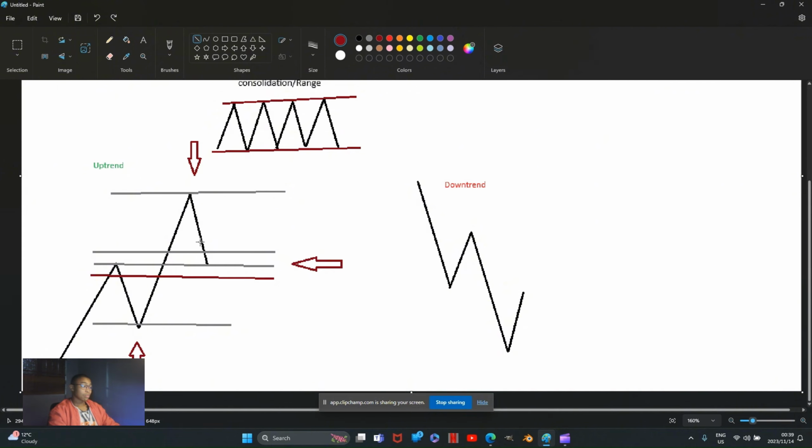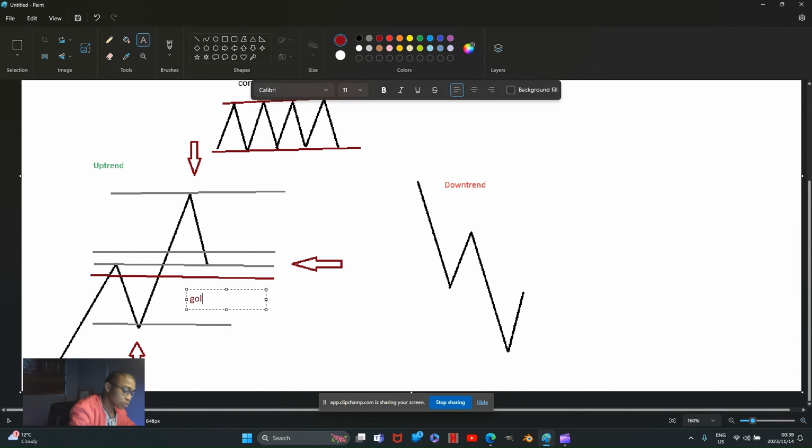So this would be the optimal zone for you to enter, and this zone is called the golden zone, where people actually capitalize on entering. Okay, I'll make that yellow.